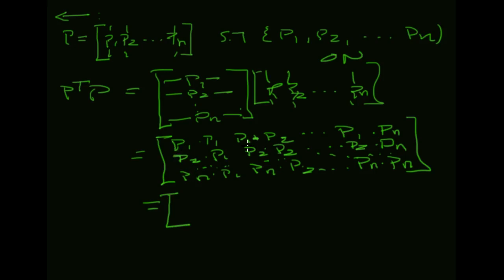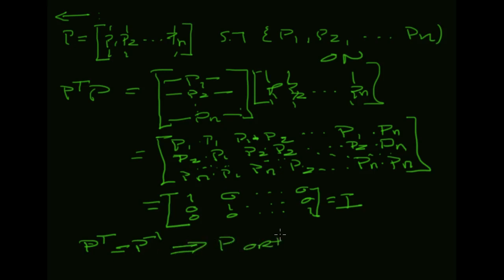With an orthonormal set, when something is dotted with itself, I get a 1, otherwise I get a 0. And really quickly here, I'm going to discover that I get the n by n identity. So this implies that P transpose does the same thing as P inverse, which is what I want to prove, because this means that P is an orthogonal matrix.